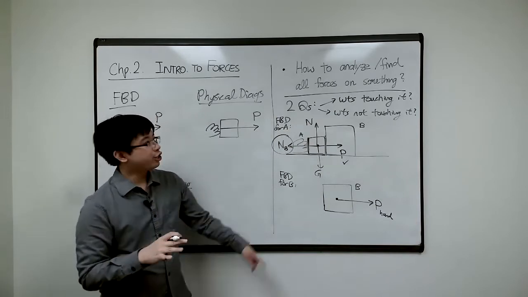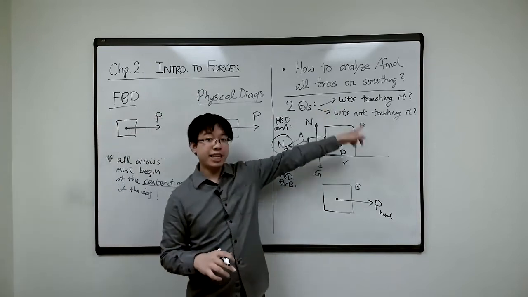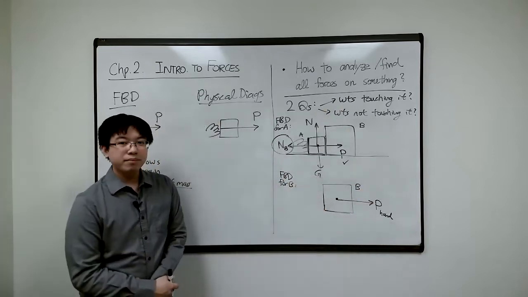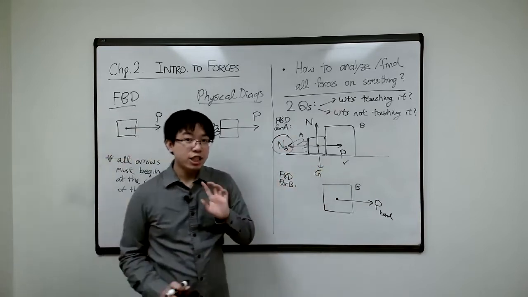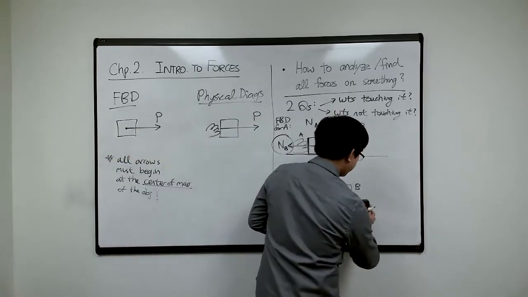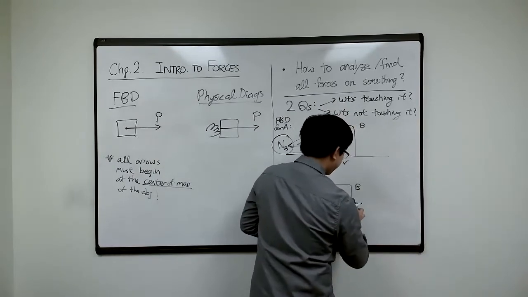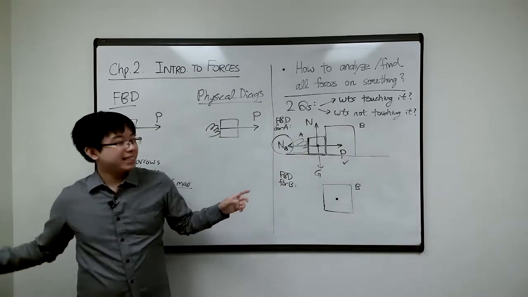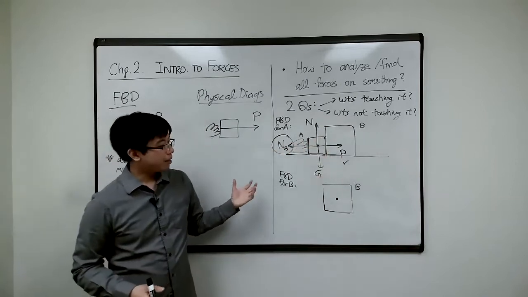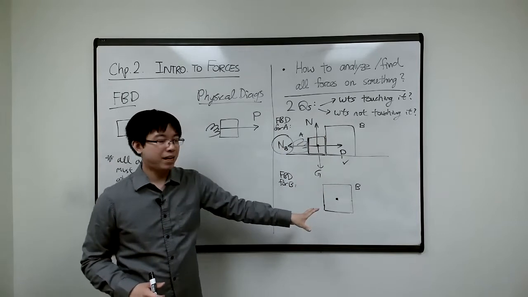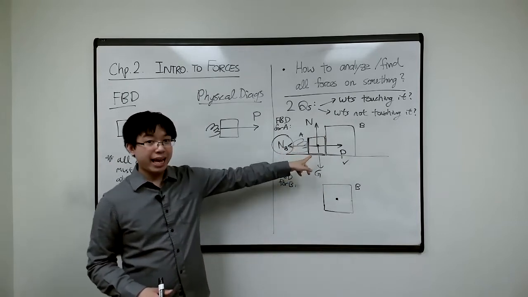To answer that question, you should ask, is your hand touching the box B? No, your hand is not touching it. So your hand does not exert a force on box B. That should not be there. That's an example of students inventing a force that does not belong to B. The hand only pushes A.